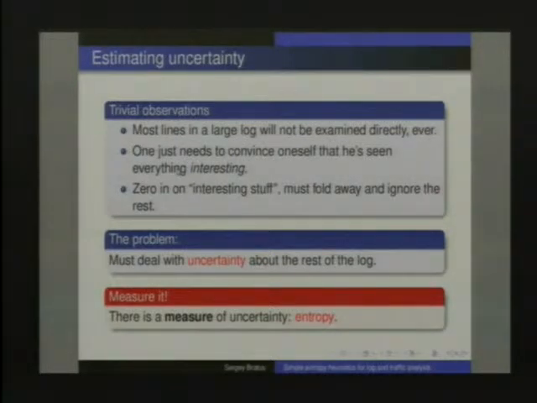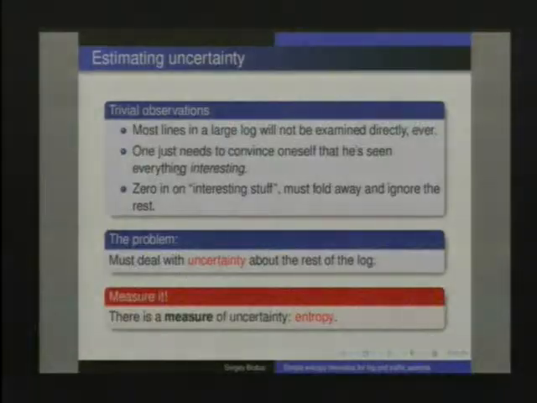What's the deal? The deal is most lines in a large log will not be examined directly, ever. You will never look at every packet in a 10,000 packet trace. It's just not going to happen. So you just have to find the interesting spots and to convince yourself that you've seen everything that's interesting, right?